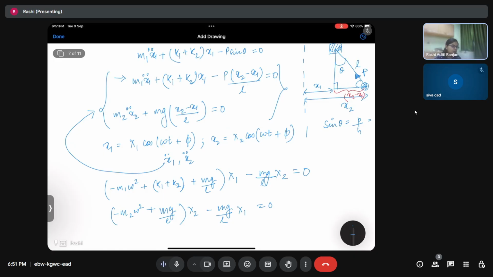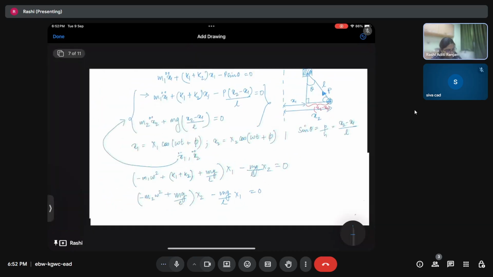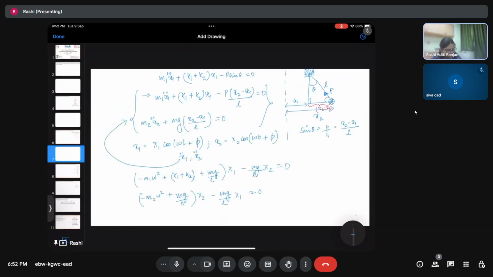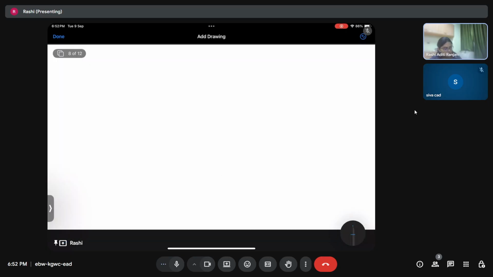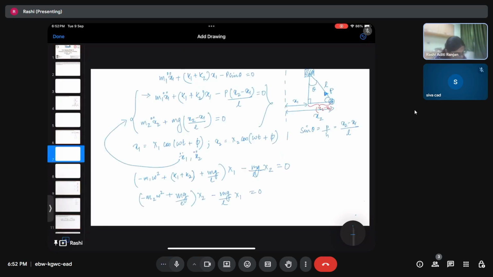Now using these two equations, we can write them in matrix form like minus of m1 omega square plus k1 plus k2 plus m2g by L. It should be m2g, right?